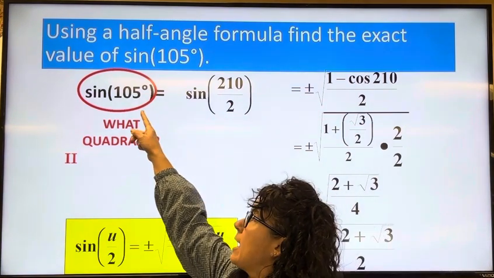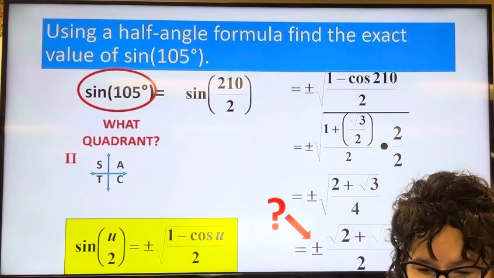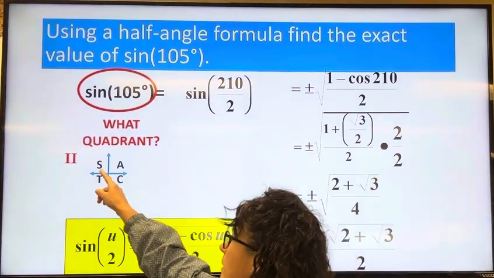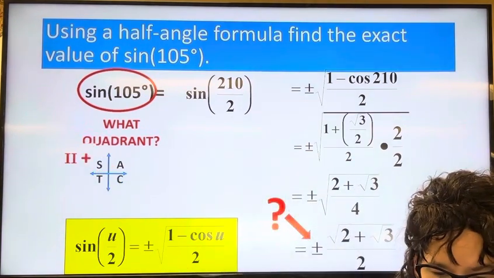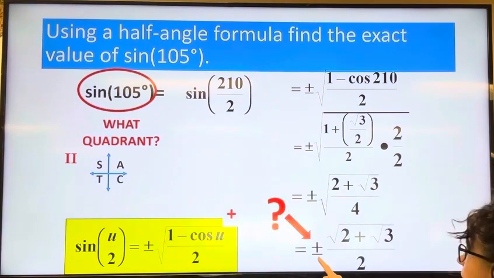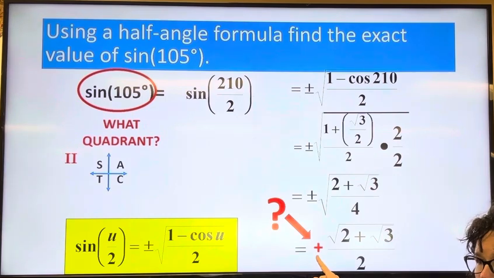So I know that the answer to this is going to be positive because we're in quadrant 2. And then I'm going to come in here and change this to just positive.